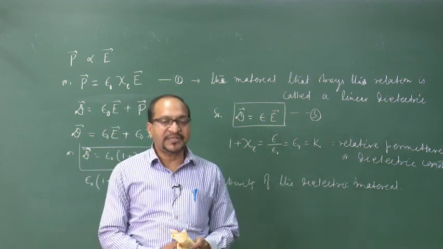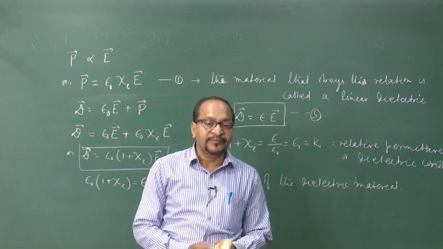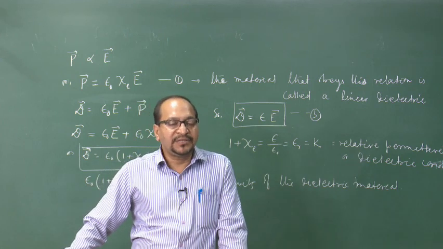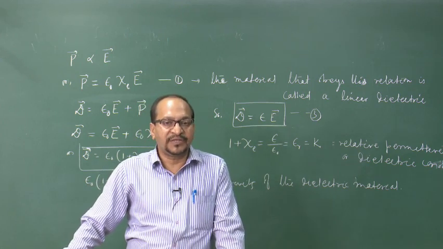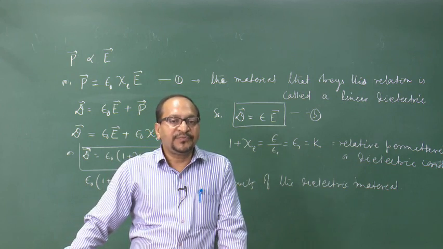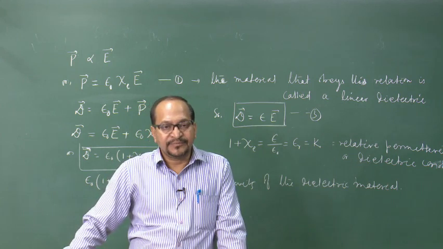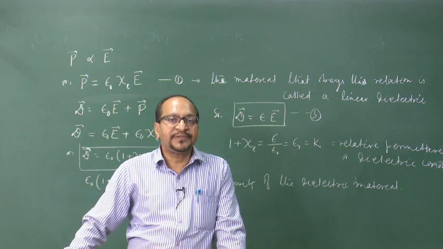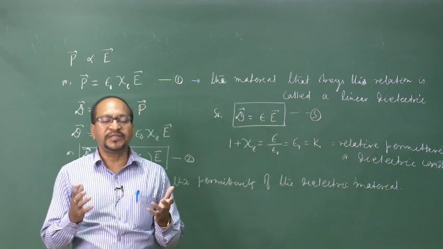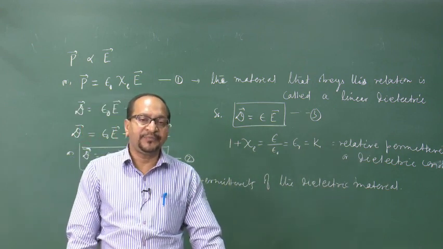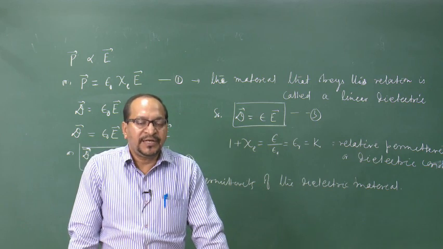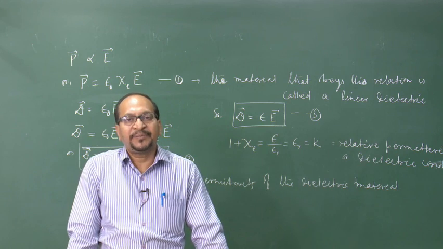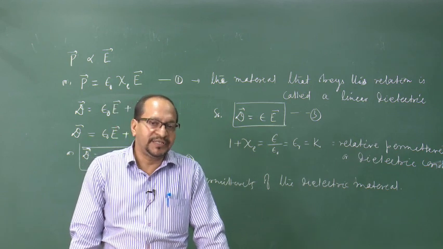So, let us start with a parallel plate capacitor. As I told earlier, the capacitance of a capacitor depends upon the shape and geometry of the conductors. If they consist of two parallel plates separated by an insulating gap, it is called a parallel plate capacitor. If it consists of two conducting spheres separated by an insulating gap, it is called a spherical capacitor, and if it consists of two coaxial conducting cylinders separated by an insulating medium, it is called a cylindrical capacitor.